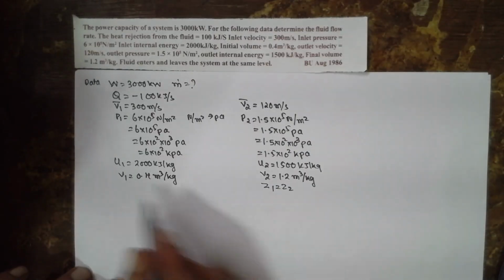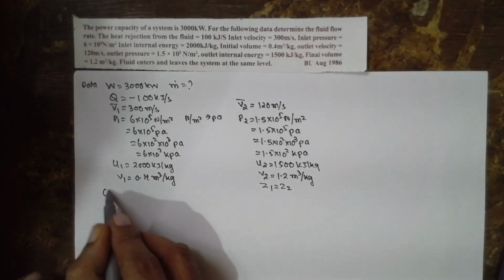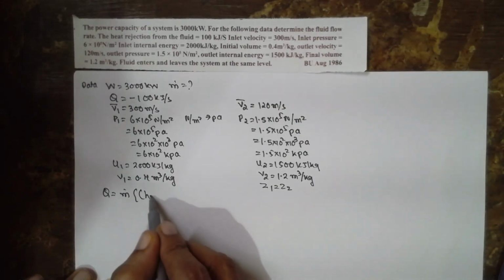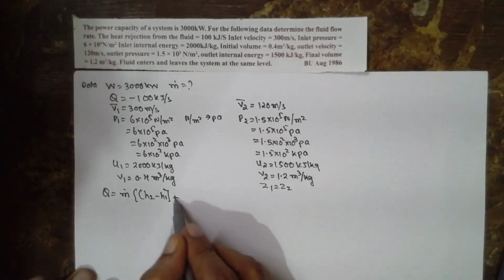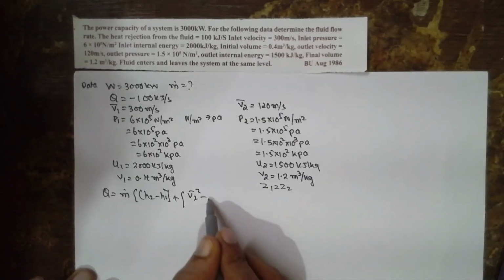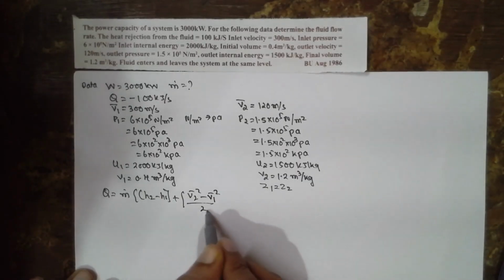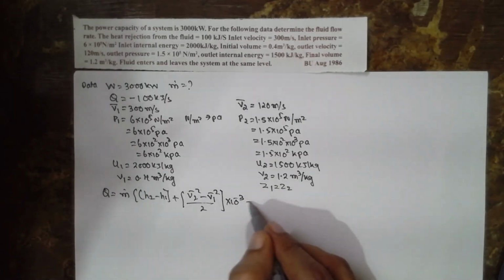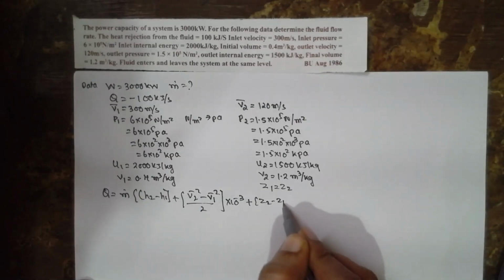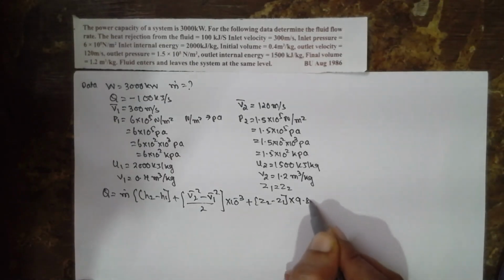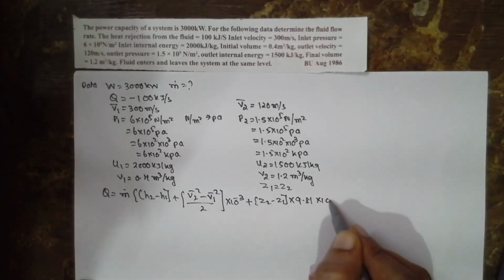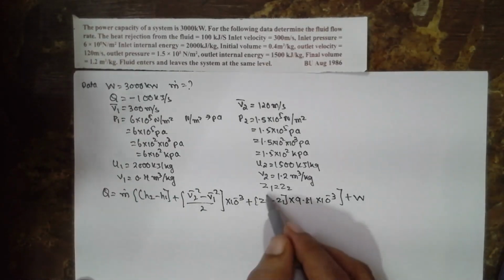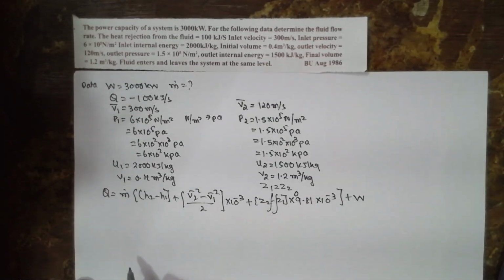Okay. Now we know the formula. Q is equal to m dot times (H2 minus H1 plus (V2 bar square minus V1 bar square) divided by 2 into 10 raised to minus 3 plus (Z2 minus Z1) into 9.81 into 10 raised to minus 3), close the bracket, plus W. Here the Z term will be 0.